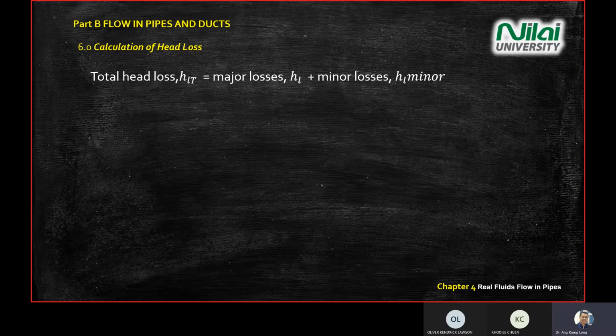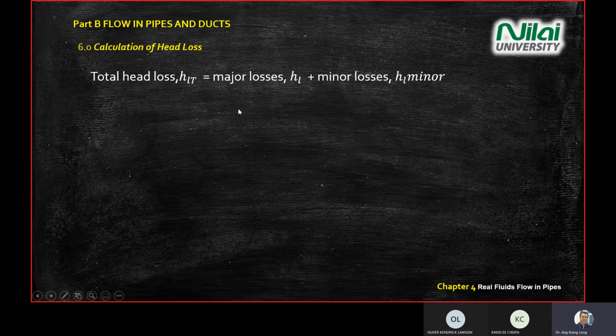For introduction to fluid mechanics, this module, we will only look at major loss, which is the first component. Then when you do module 3279, you will look at minor loss. For your coming exam, you only look at major losses. Minor losses will be in the next module.